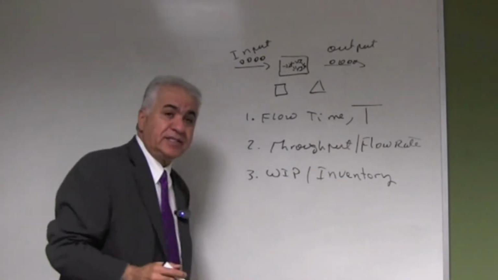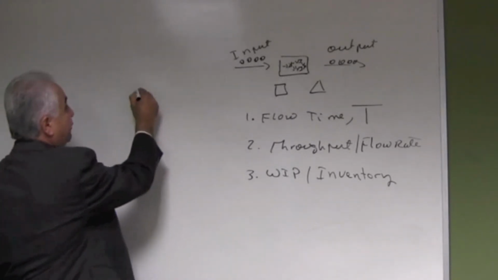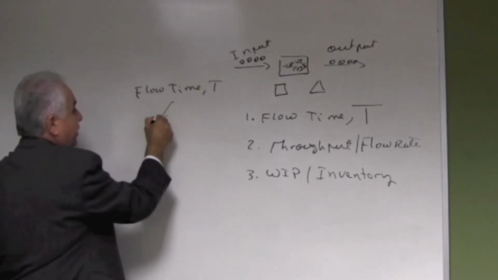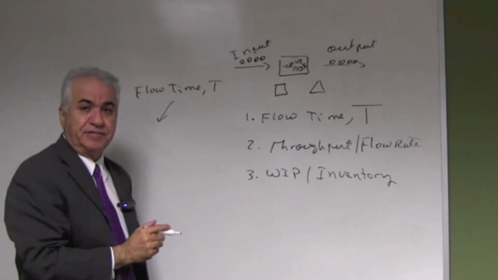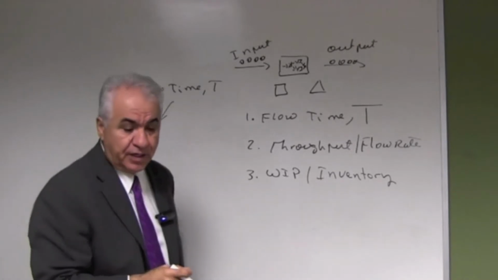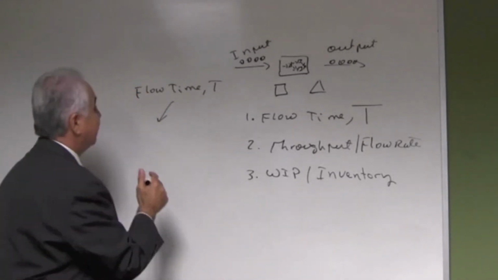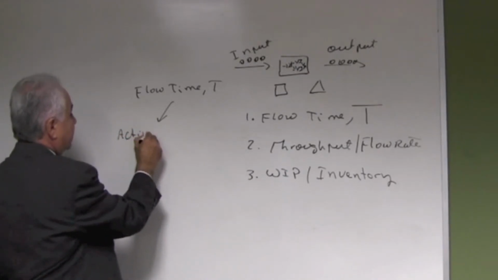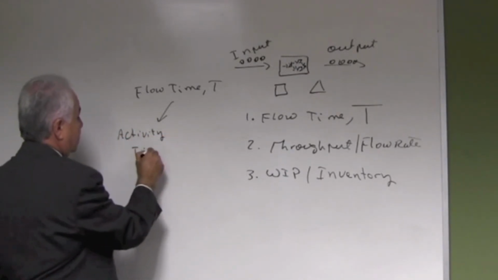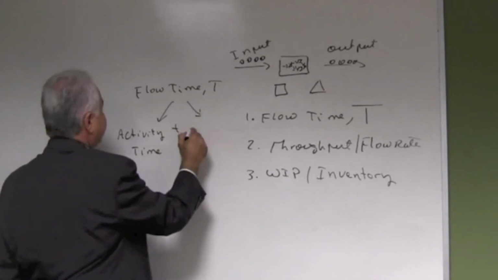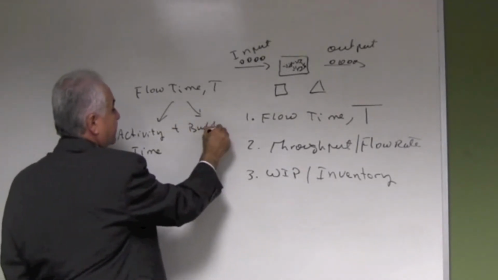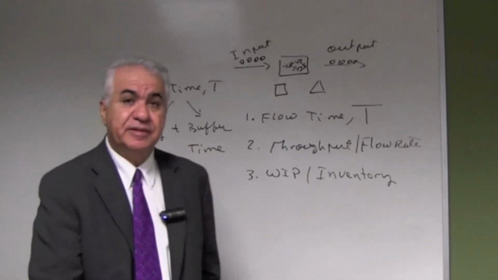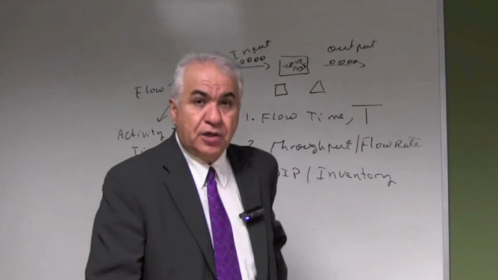So when we're discussing the flow time, or T, it consists of two types of times. In other words, it consists of two times that have to be considered. One is the activity time, plus buffer time. Activity time plus buffer time. That is the total time.